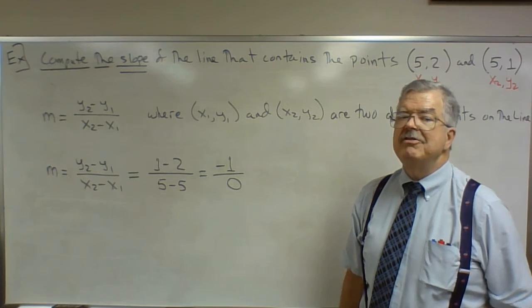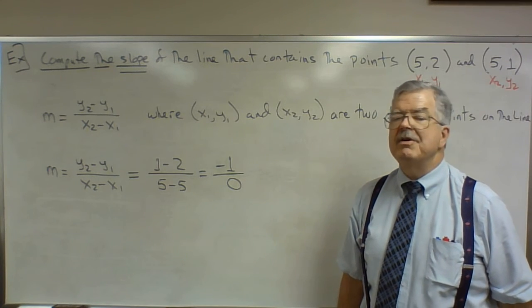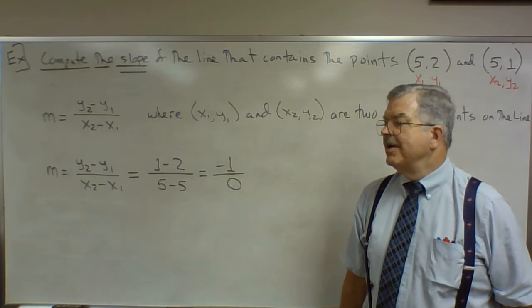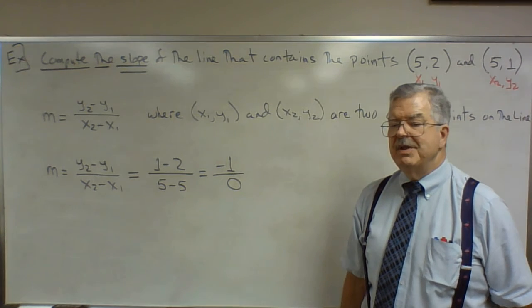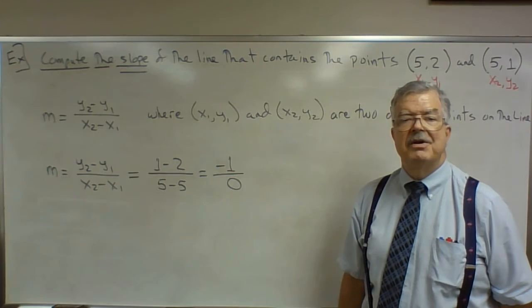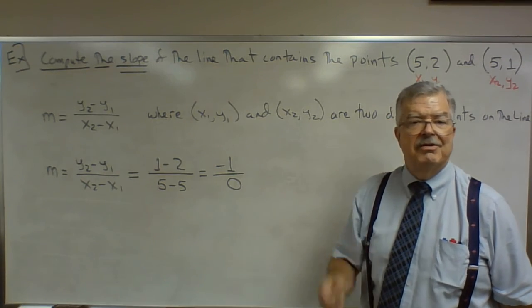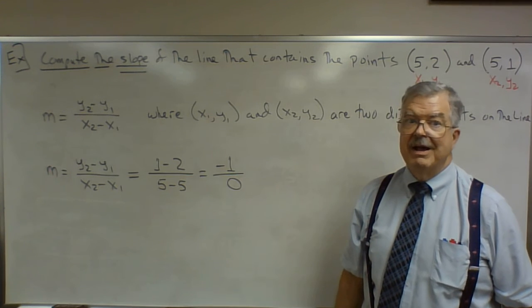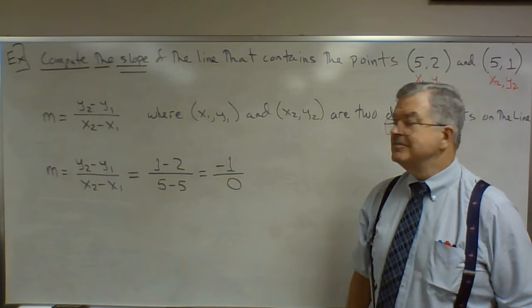And dividing by 0 is something that we don't ever do. There are some things in life that we don't ever do, such as taking an unloaded gun and putting it to our head and pulling the trigger, because it might not be unloaded after all.